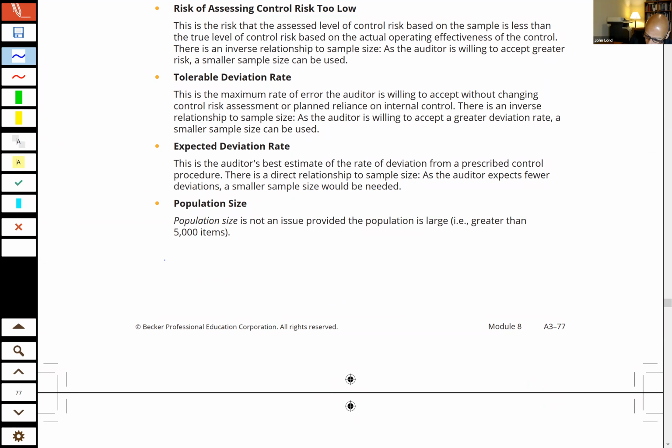So if my control risk, I assess it at low. Okay, and remember we said that in order to support a low assessed control risk, you need better evidence. Okay, so that's telling me that what?